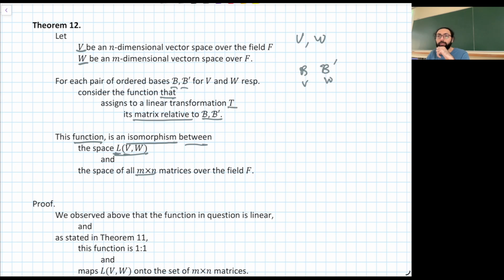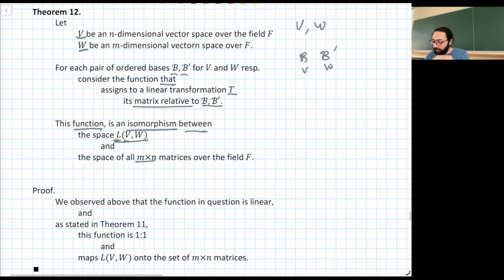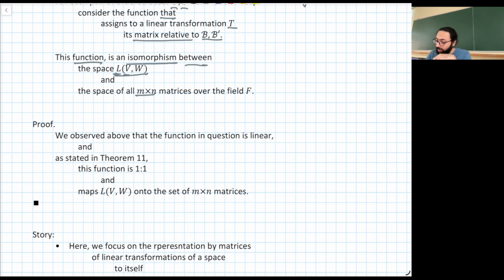So it's sort of restating, in a certain sense, what we argued. We observed that the function in question is linear, and as stated in the theorem, it's one-to-one, and it maps onto the set of matrices, and therefore it satisfies the requirement to be an isomorphism.